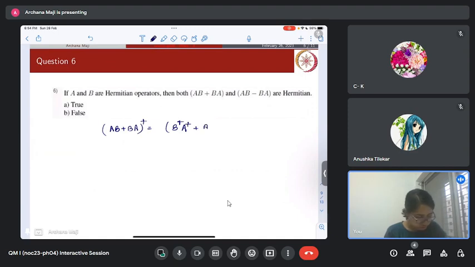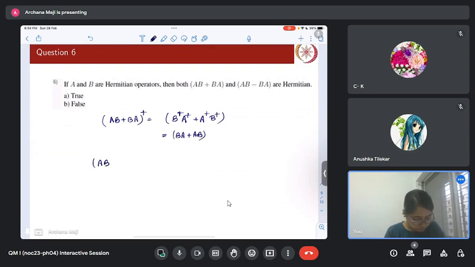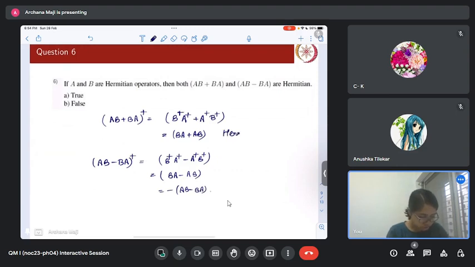I think we did this kind of problem last time also. And this will be anti-Hermitian: BA minus AB, so it's minus of (AB minus BA), so it is anti-Hermitian, and the other one is Hermitian.